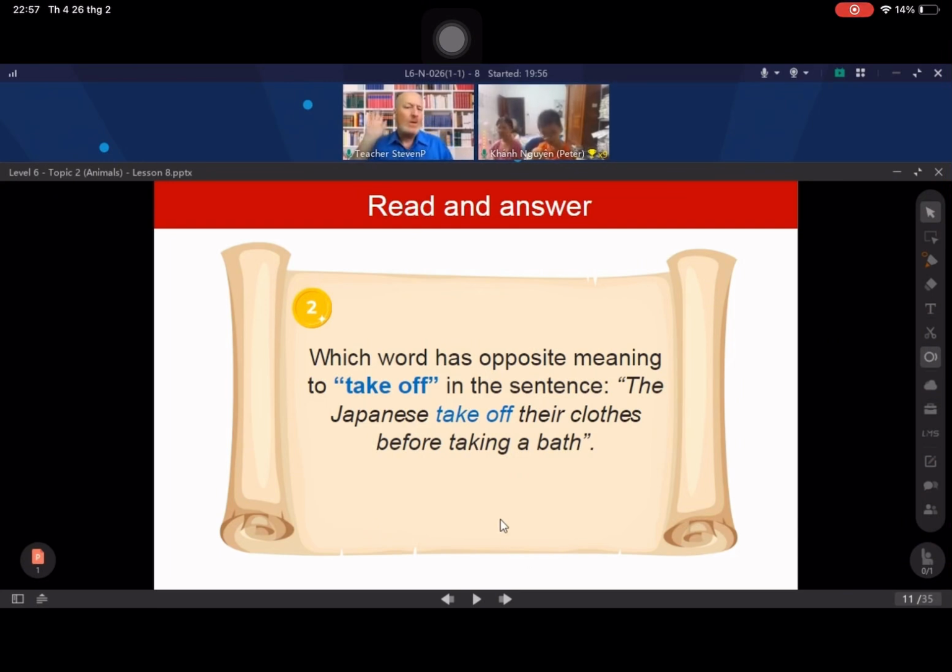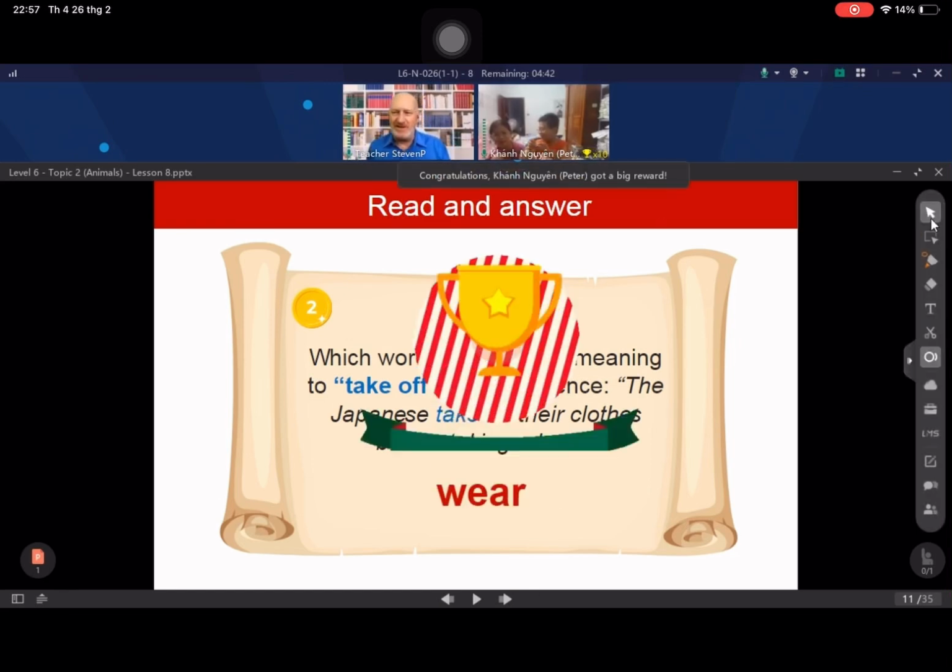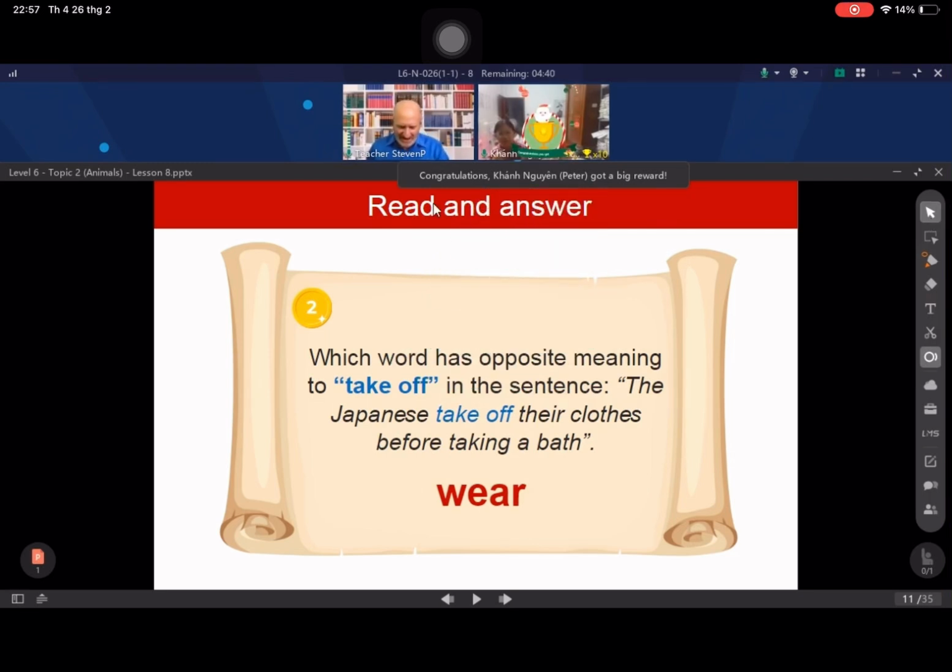A word that has the air sound. Take out. No, try again. The opposite of take off your clothes. What do I do with clothes? Wear clothes. There we go. That's right. Well done. Thank you. Good job. Okay, very nice, everyone.